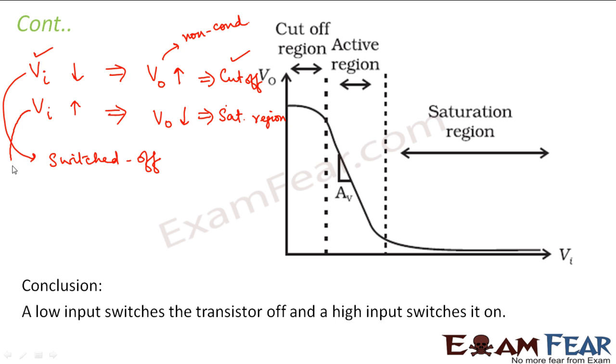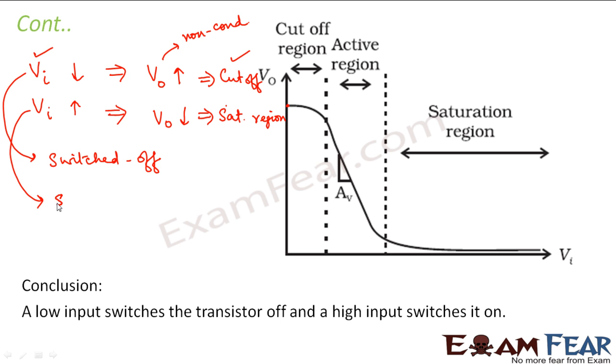Now look at the saturation region. When the input voltage is very high, the output voltage is very less, right? Now in this case, the current is high, because in the cutoff region the current IC was zero, there was no current, but in this case the current is high. It is the saturation current, in fact, that means the maximum value of current.